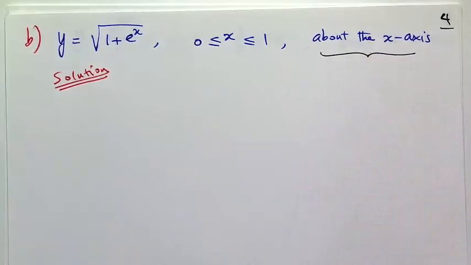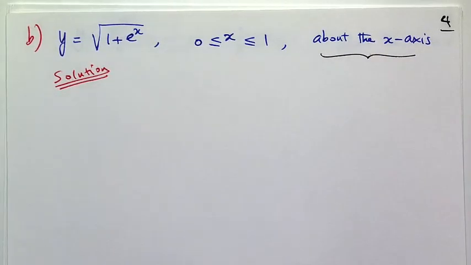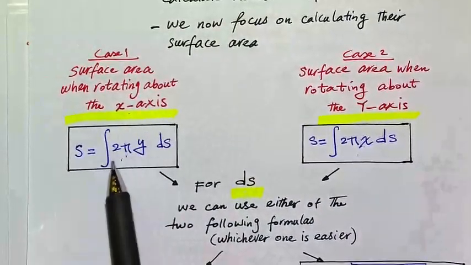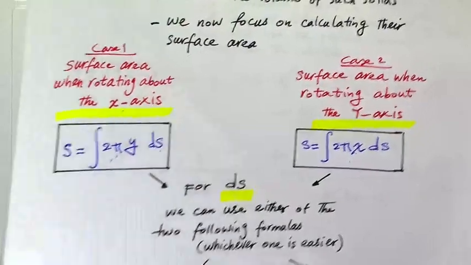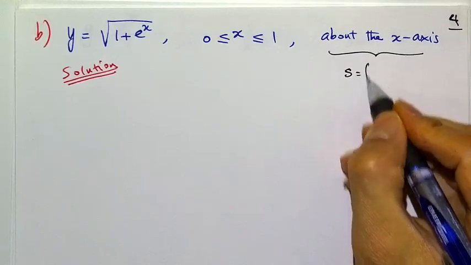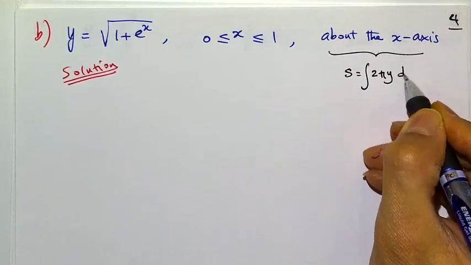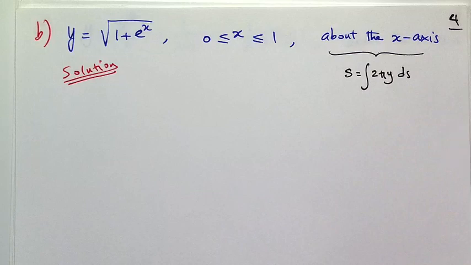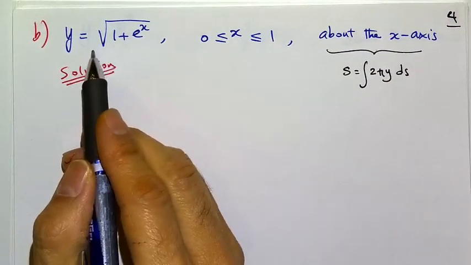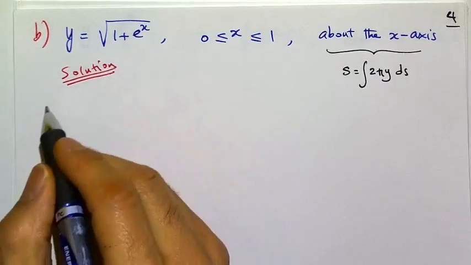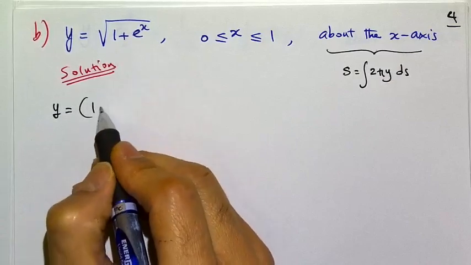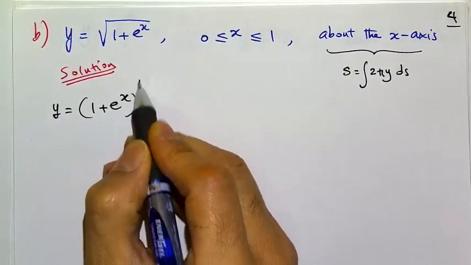So once again, we have the rotation about the x-axis, and for that, we will use this one, the integral of 2 pi y ds. So let's do that. We begin with this and calculate dy/dx first. We have y, and I'm just going to rewrite it in terms of a rational exponent.